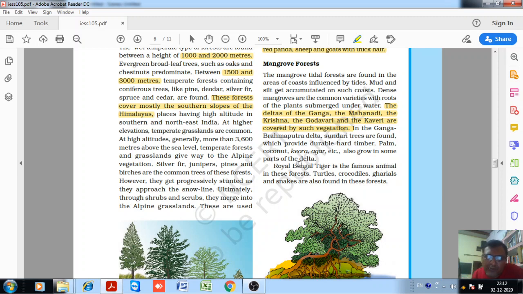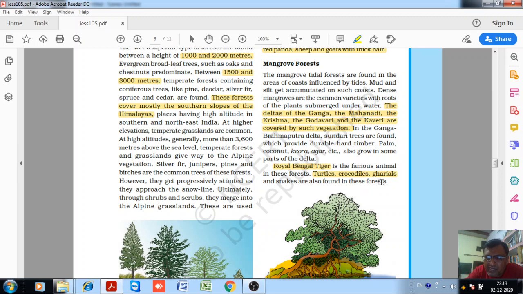Now if you talk about the animal life, which type of animal life is found in these forests? Royal Bengal tiger is the famous animal in these forests. You have heard about the Royal Bengal tiger, which is the national animal of our country. And some turtles, crocodiles, gharials, which is also one species of the crocodile family. There is a difference between gharial and crocodile.